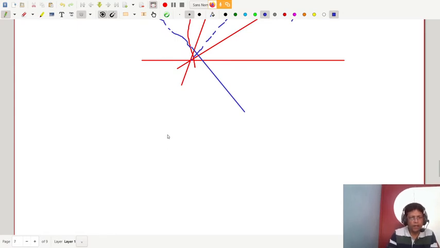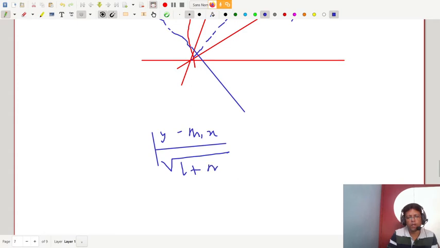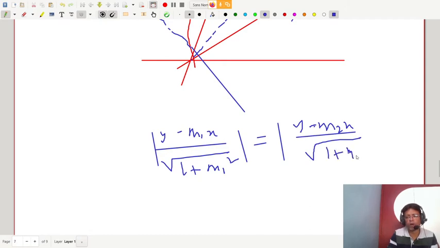You know from the elementary level that the equation of the bisectors can be written as (y minus m1x) by square root of 1 plus m1 squared equal to modulus of (y minus m2x) by square root of 1 plus m2 squared, right? This is from elementary level, and that is how you write the equation of the bisector.